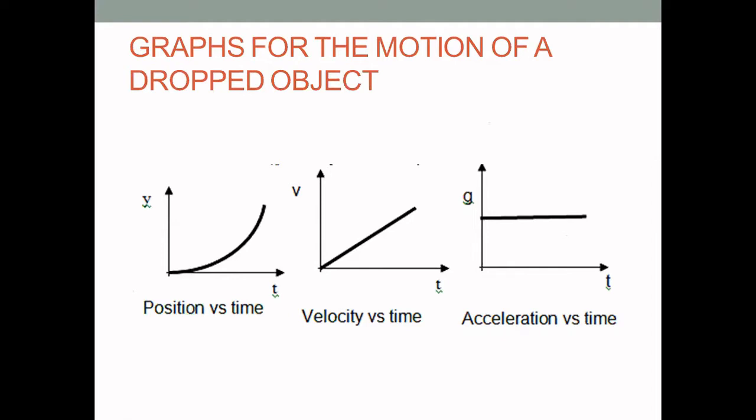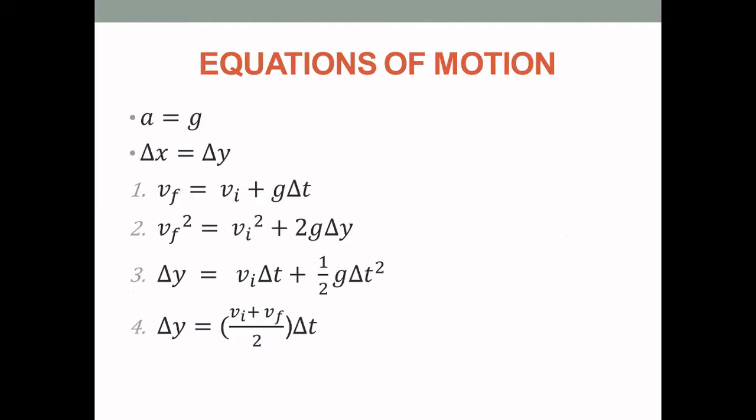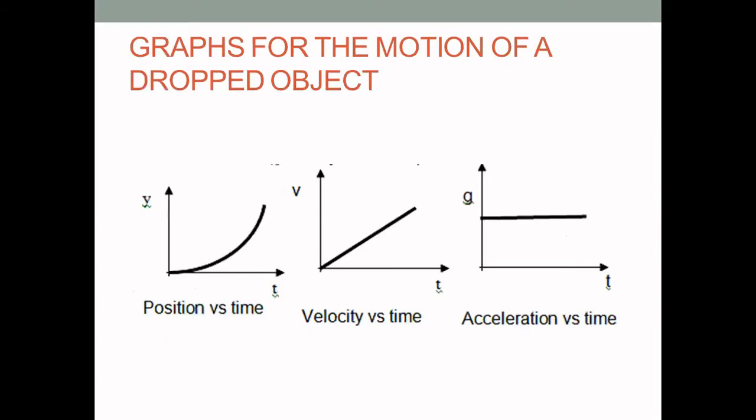So the displacement is a curve. Why is it a curve? Okay, let's consider the third equation. You can see that the displacement is directly proportional to t squared, with g being constant.